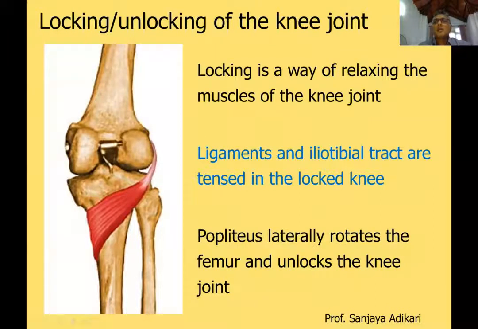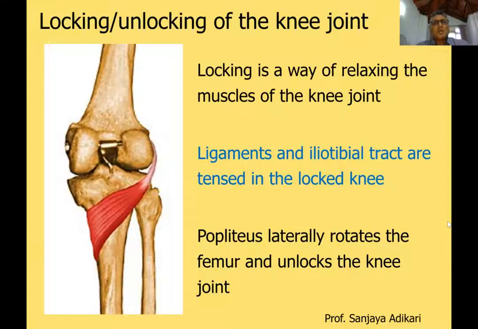Then a few further points about the locking and unlocking of the knee joint. Now what happens is during hyperextension, because of unavailability of articular surface at the femur, the femur tends to medially rotate on the tibia.